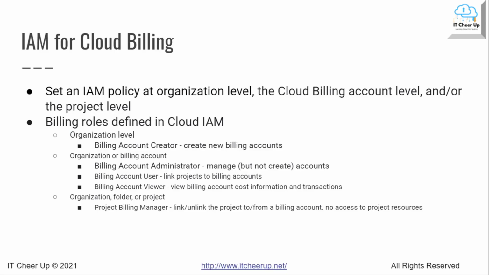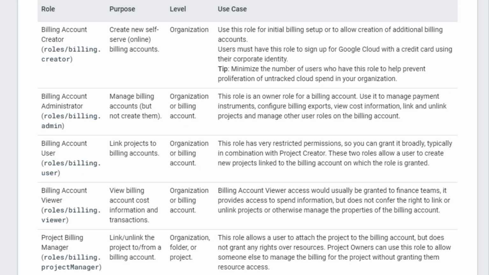Here's a summary of IAM for Google Cloud billing. You can set up an IAM policy at the organization level, the cloud billing account level, and the project level. The billing roles are defined in Cloud IAM. On the organization level, you can have a billing account creator, which creates new billing accounts.